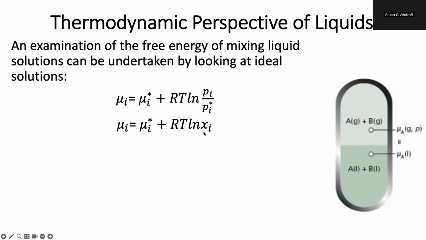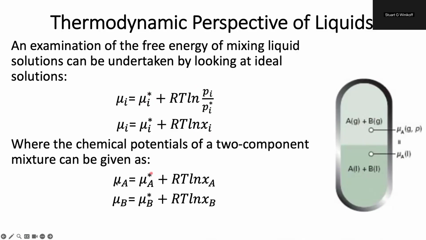So if I've got a two chemical system under the ideal case, I can describe the chemical potential of each component as the pure chemical potential, the standard state chemical potential I can look up in a book, plus this RT correction times the natural log of the mole fraction of that component.